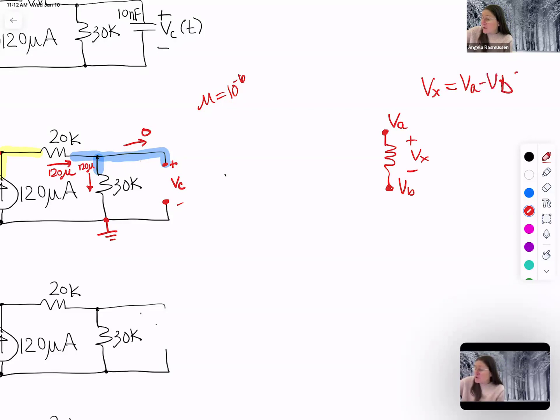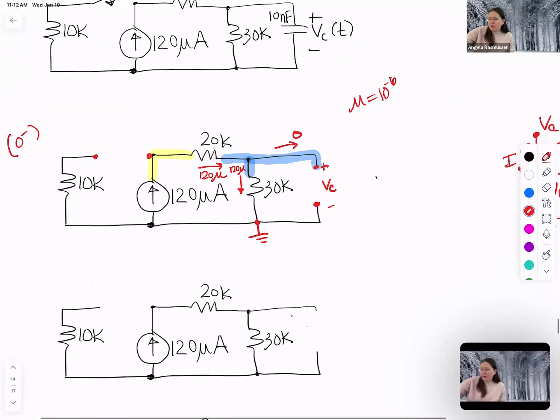So the voltage itself will just be VA minus VB. And then the current is going to be Vx over R. So it's always the voltage across the resistance over the resistance in the branch. So that's where the node voltage comes from.